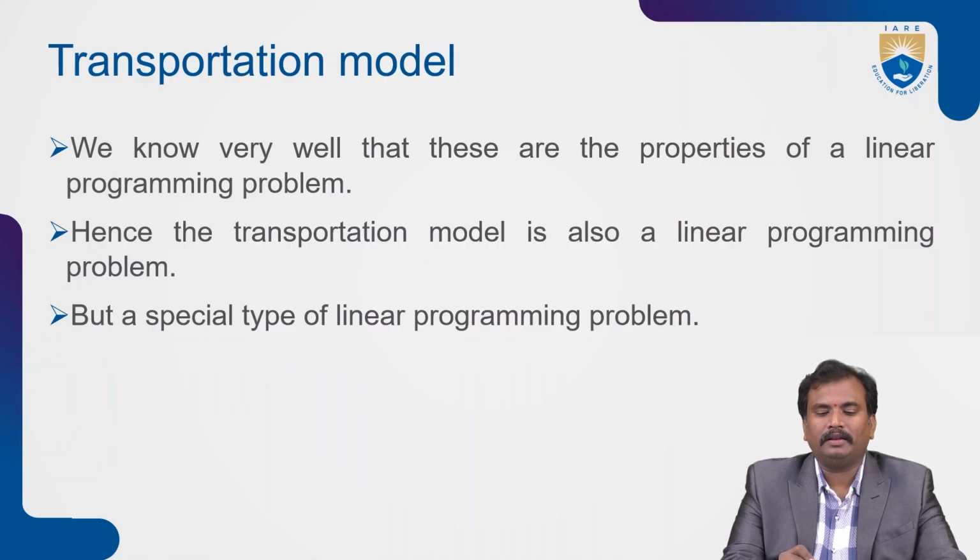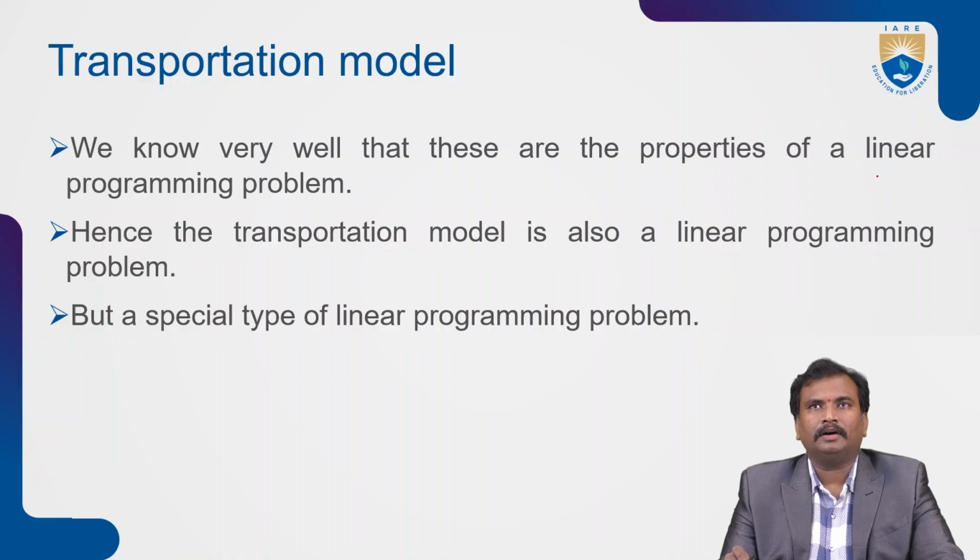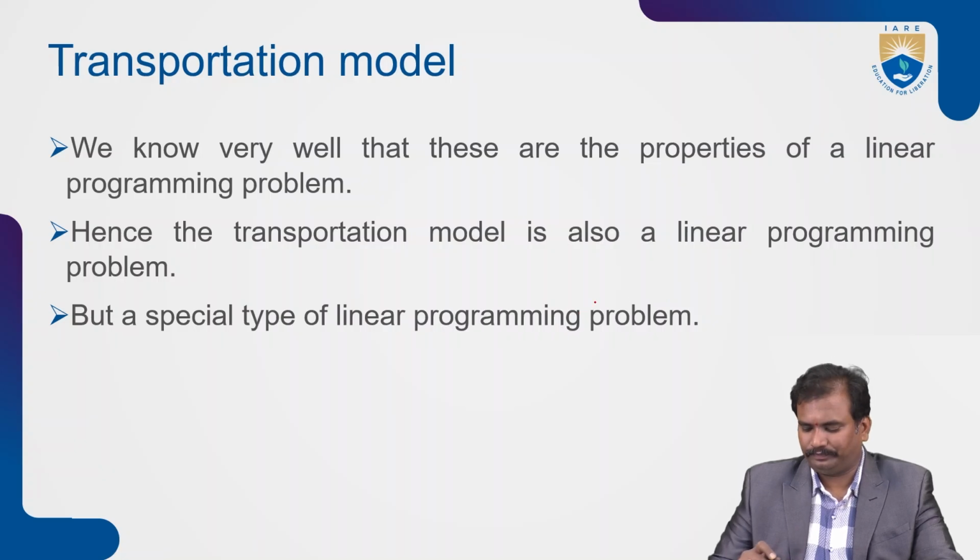We know very well these are the properties of a linear programming problem. Hence, the transportation model is also a linear programming problem, but a special type of linear programming problem.